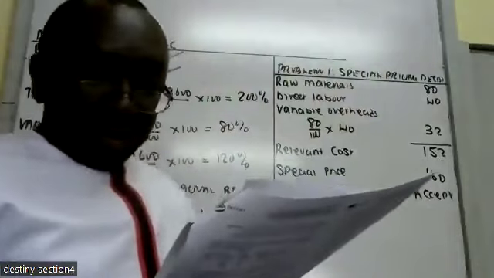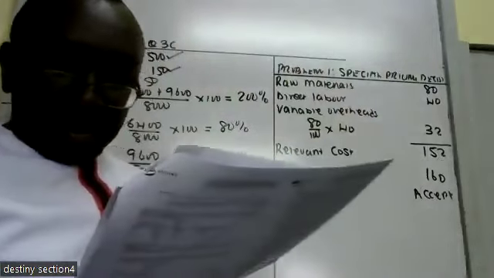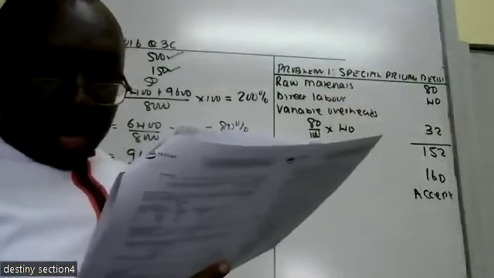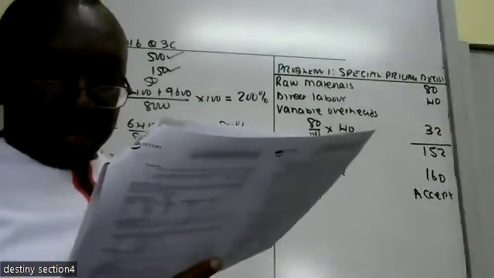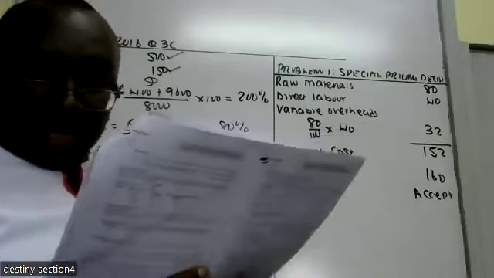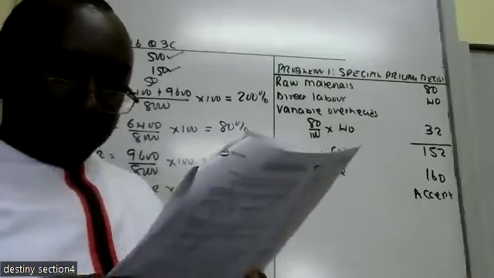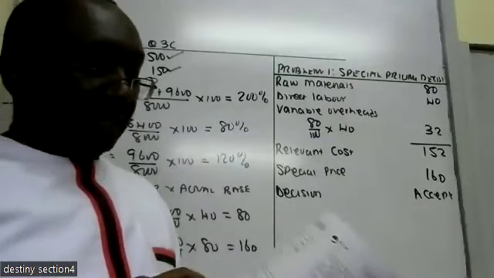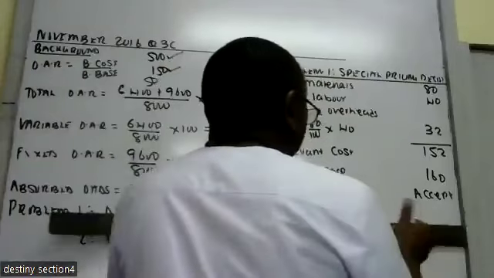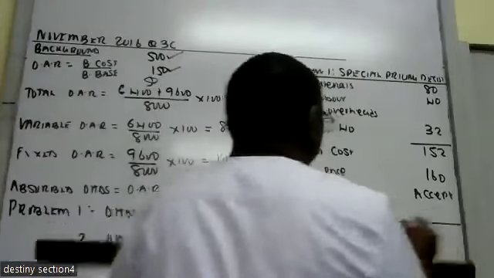Problem 2, the cost of making component B, which forms part of product Y, is given below. We have the raw materials, direct labor, production overheads. Component B could be bought from an outside supplier for 200. Fixed production cost will not be affected. So let's deal with that.